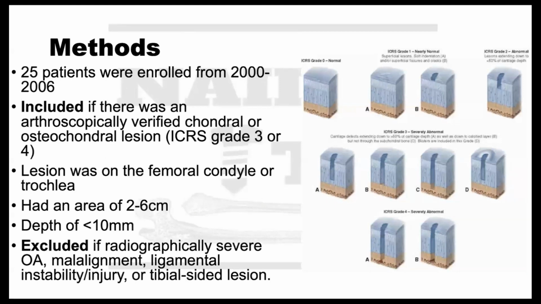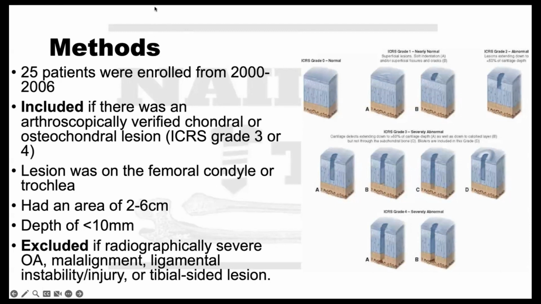So for the methods of this study, they included 25 patients who were enrolled in a 6-year time period from 3 different sites. They were included if there were verified chondral lesions, grade 3 or 4, and they're showing the grades here on the right if you're following on the video.